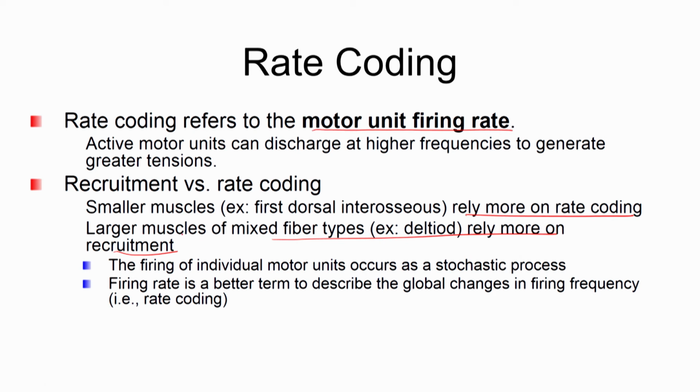Larger muscles of mixed fiber types rely more on recruitment rather than the rate coding. Smaller muscles rely more on rate coding rather than the recruitment. Okay. The firing of individual motor units occurs as a stochastic process, as it is not deterministic as we have seen. Firing rate is a better term to describe the global changes in the firing frequency, that is the rate coding.